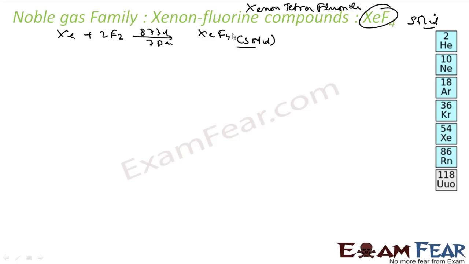It can also be produced by mixing xenon and fluorine, and instead of using a sealed nickel container, I can also use a quartz vessel. In this case I have to provide sunlight.